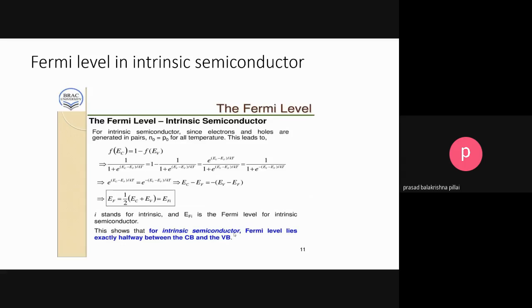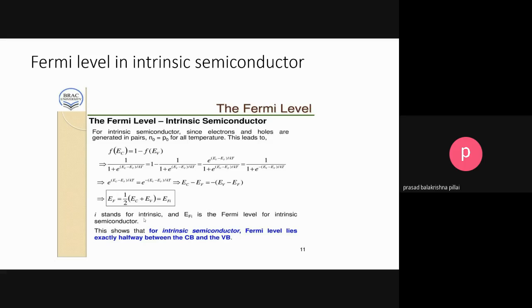We can show, and this is a proof, that it is at the middle. Because in an intrinsic semiconductor, n0 and p0 are equal. If you go back, we have already shown that equation, I have not written it again, that n times p is ni squared.